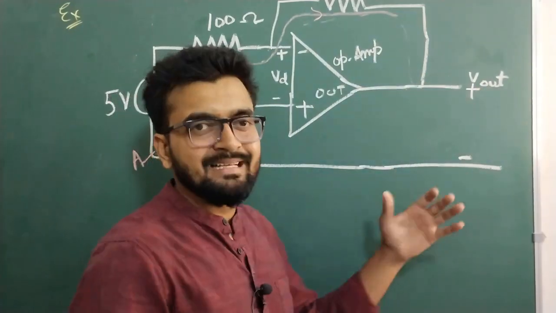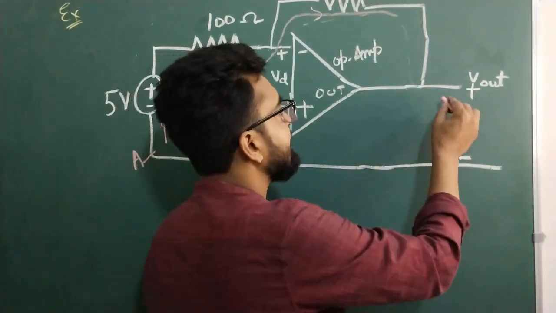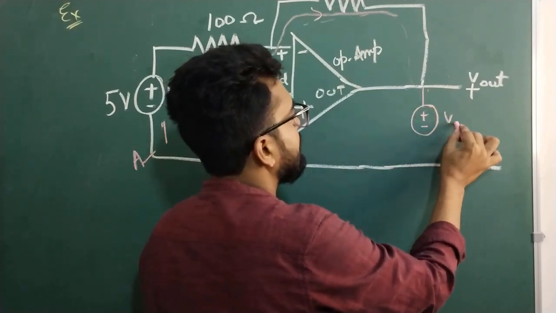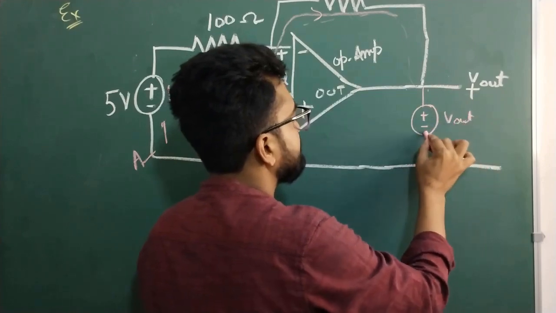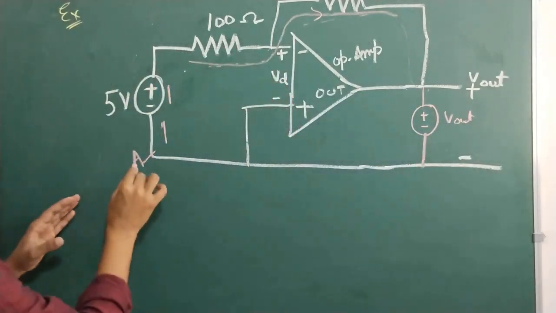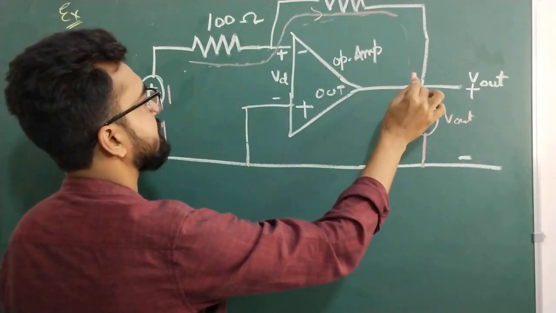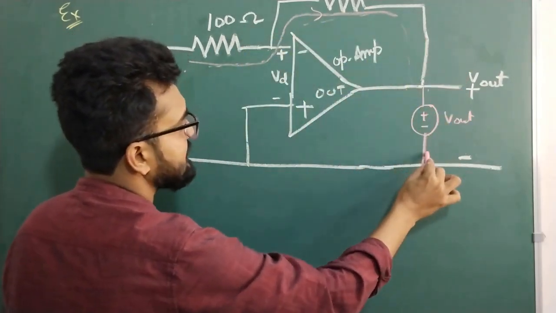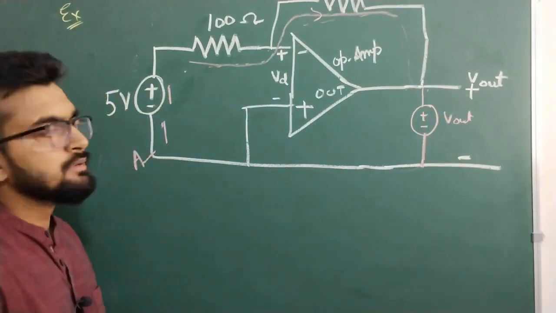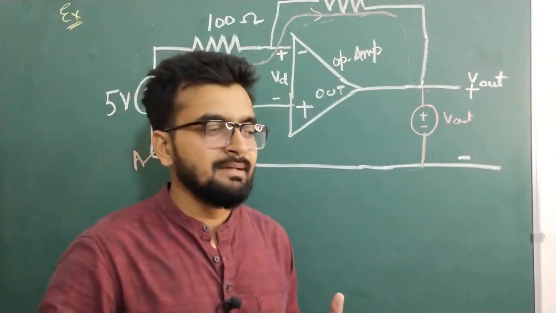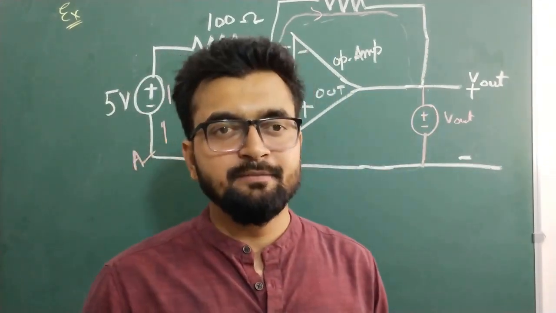Now this plus to minus can be rewritten as Vout. Now you can see, if you start from this point and go through the 100 ohm resistor, then the 470 ohm resistor, and come back this way, it forms a loop. So finally we got a loop, and now we have the freedom to apply KVL in the given circuit.